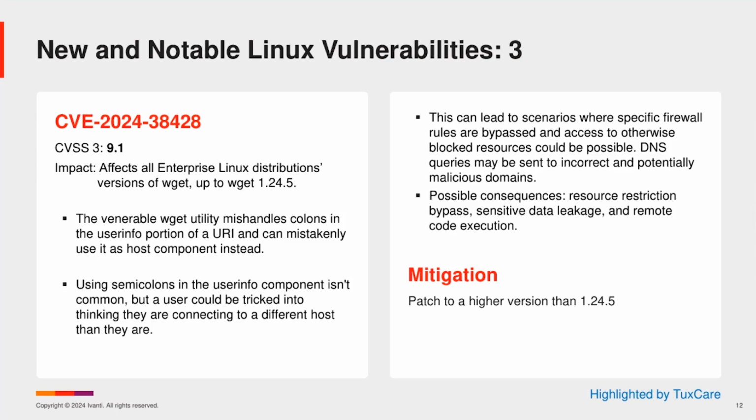DNS queries could be sent to incorrect and potentially malicious domains. So you can see here, this starts to offer a lot of opportunities for threat actors to do different things. So a pretty nasty one in particular. So definitely one that you'll want to get that version of wget to later than 1.24.5.